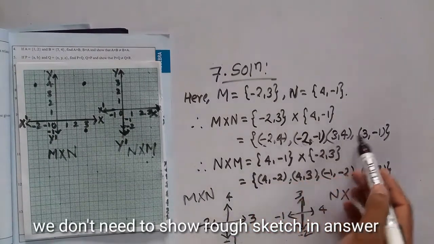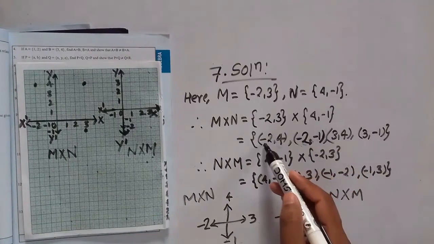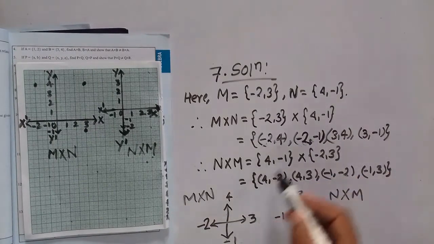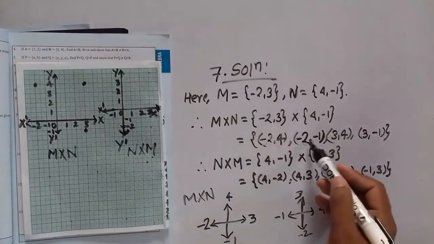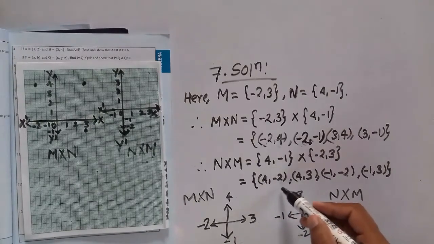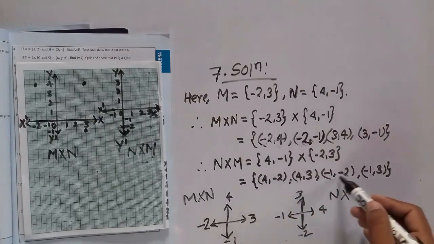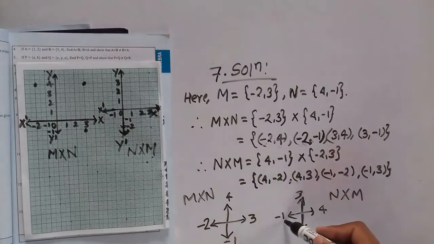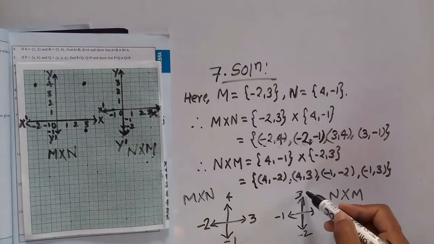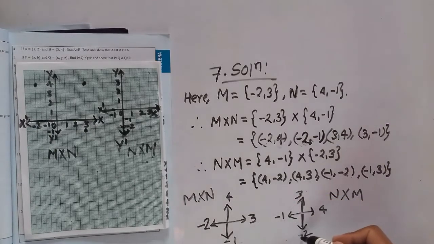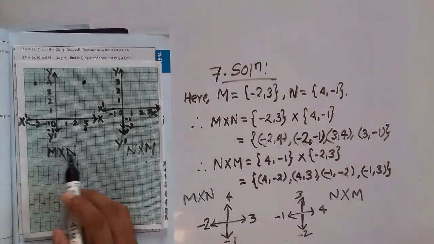Here in the x elements, the maximum number towards the negative side is -2 and towards the positive side is 3, and for y the positive is 4 and the negative is -1. So the Cartesian plane is like this.